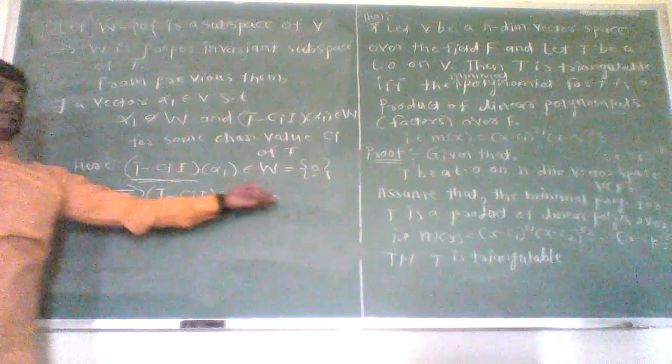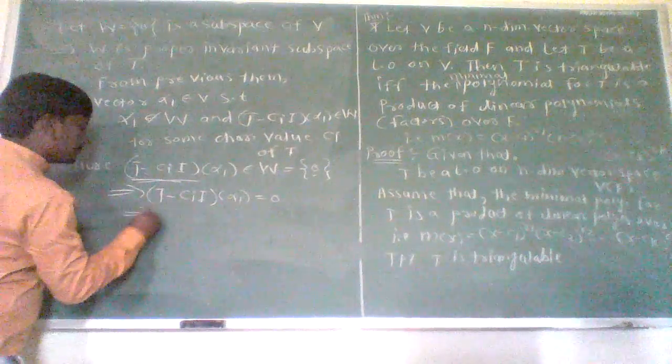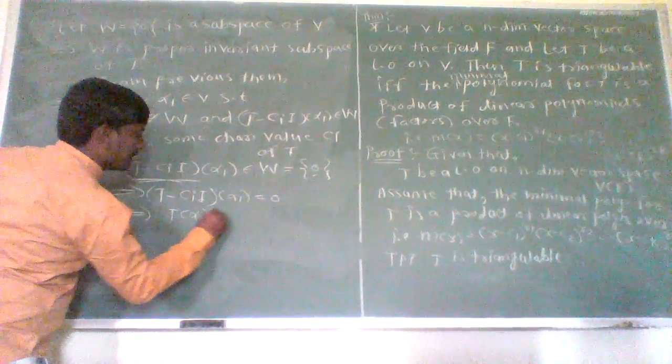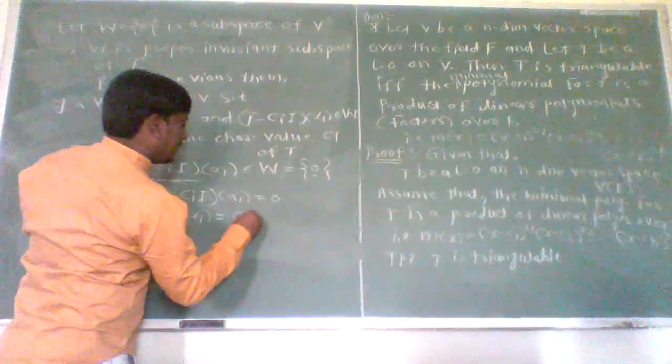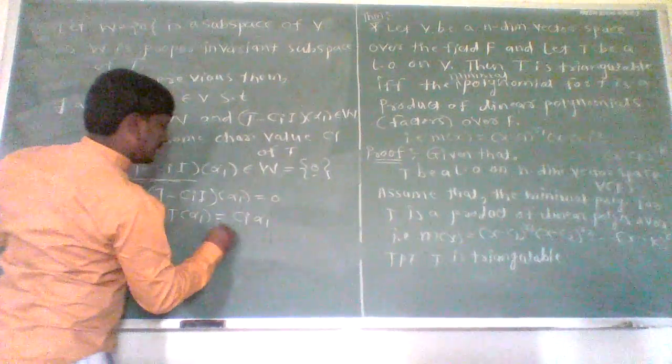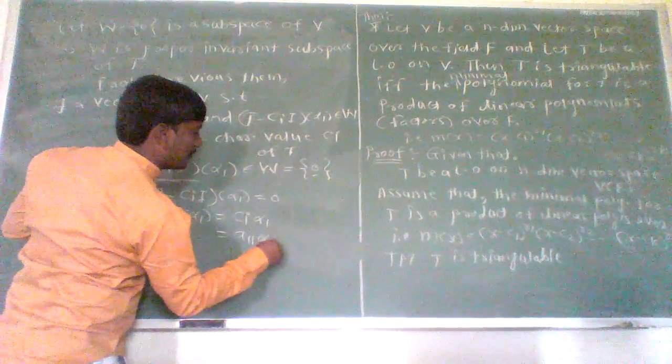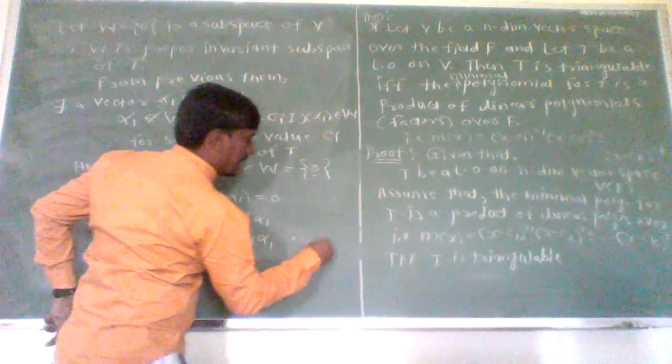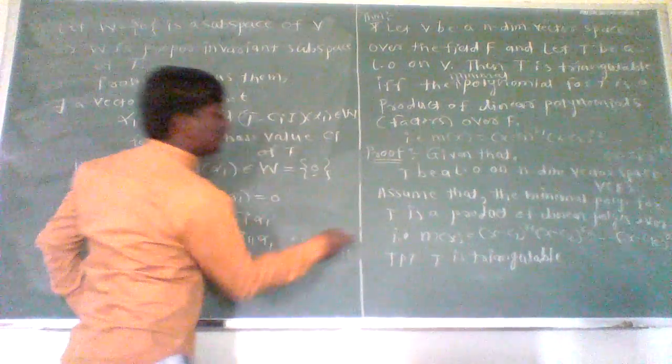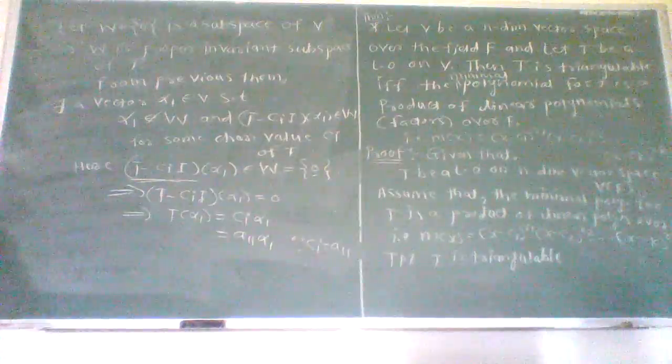Therefore T of alpha 1 is equal to Ci of alpha 1, which is equal to A11 of alpha 1, since we put Ci equal to A11.